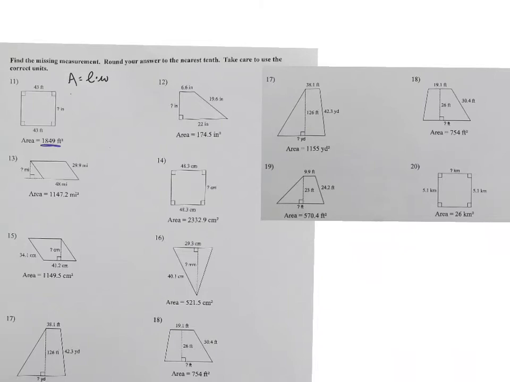So I'm going to put 1849 in for A. I'm going to put 43 in for L. And we don't know this, so we're going to call it X. So remember, to get X by itself, we just divide both sides by 43. So I do 1849 divided by 43, and I end up with X equals 43.